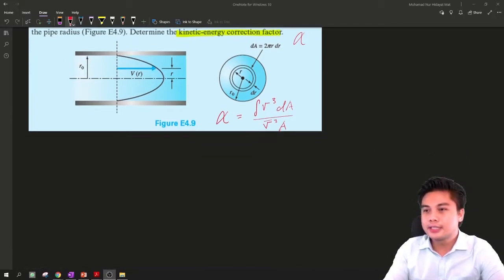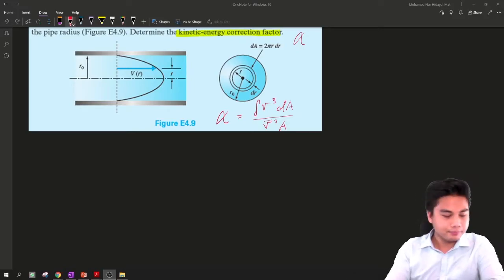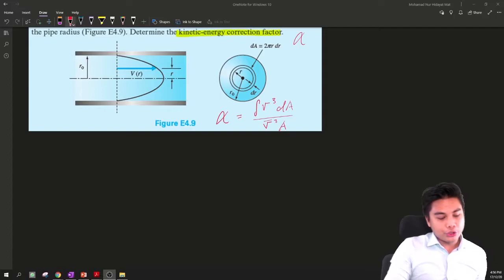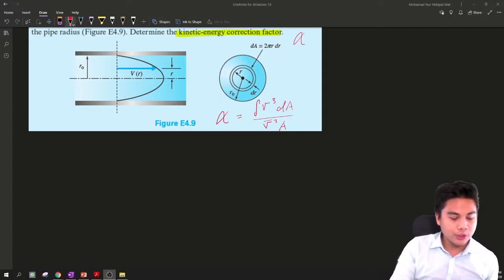So the average velocity here, right? By using the previous equation, which is the continuity equation, equation 4.10 under chapter 4, we try to combine these equations.